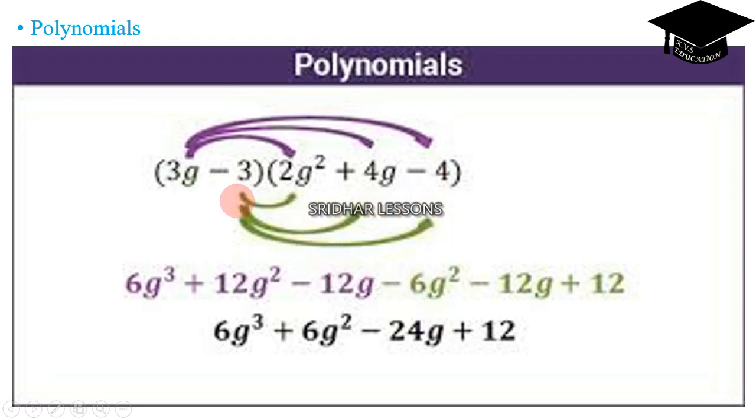After this, we go for the next term. Minus 3 into minus 2g square, minus 3 into plus 4g. Next, minus 3 into minus 4. Because this has 4 terms, it is called a polynomial.